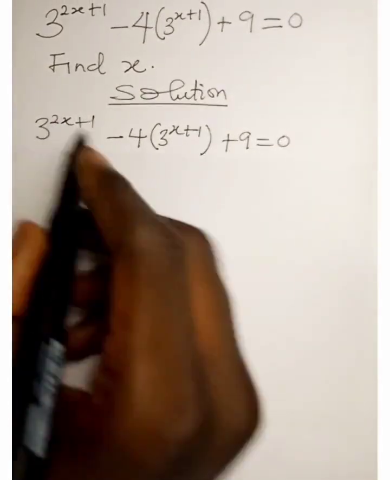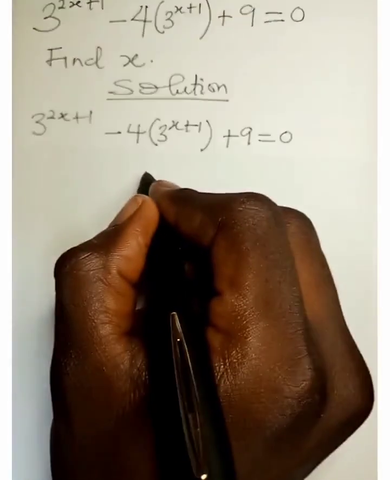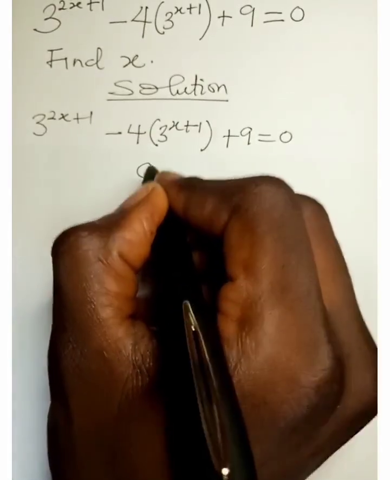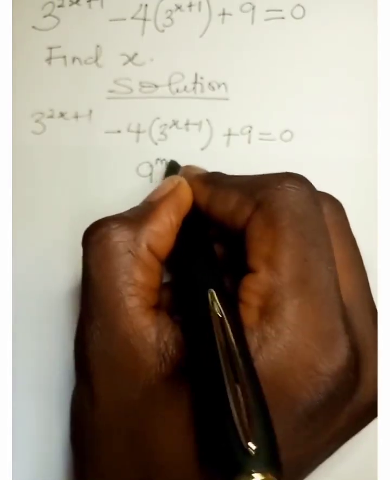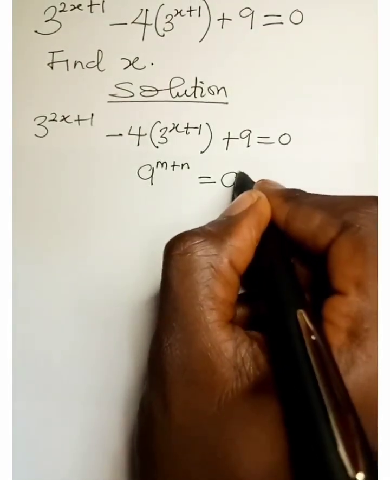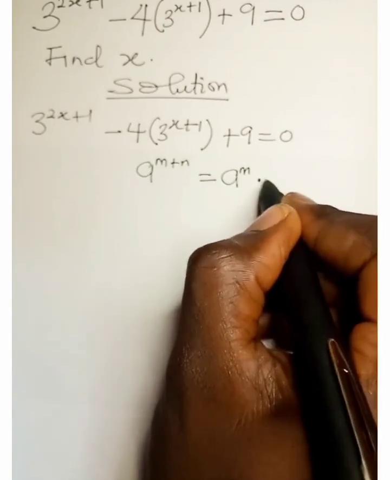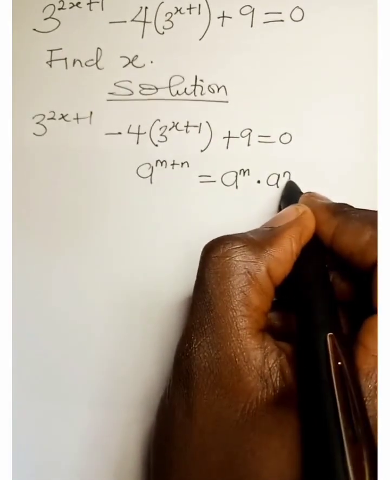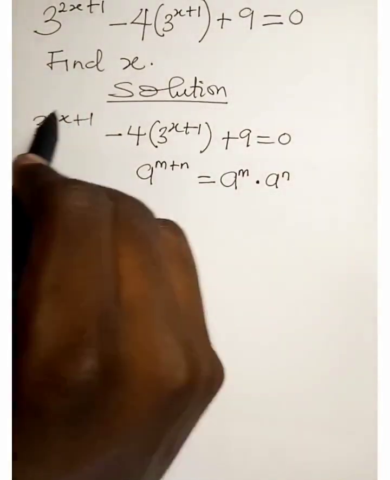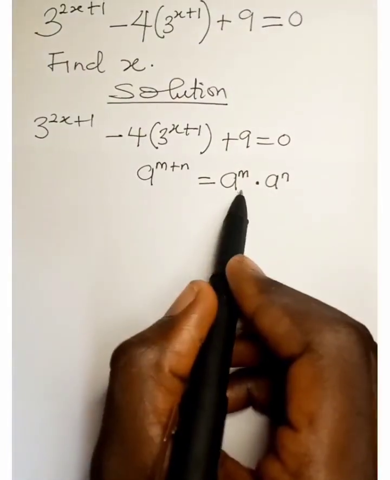re-express this. From the rule of indices, when we have a raised to power m plus n, it simply means a raised to power m times a raised to power n. So in other words, we can rewrite these terms in this form.